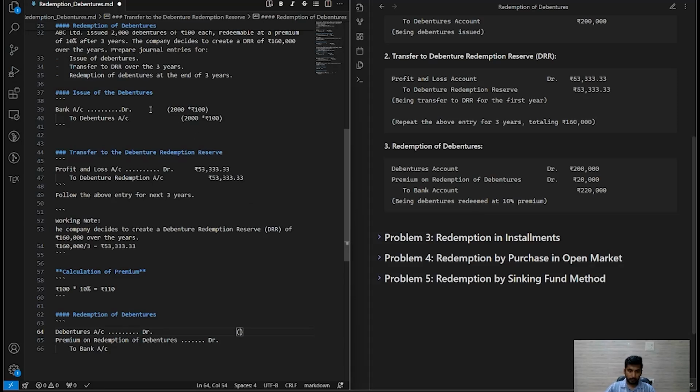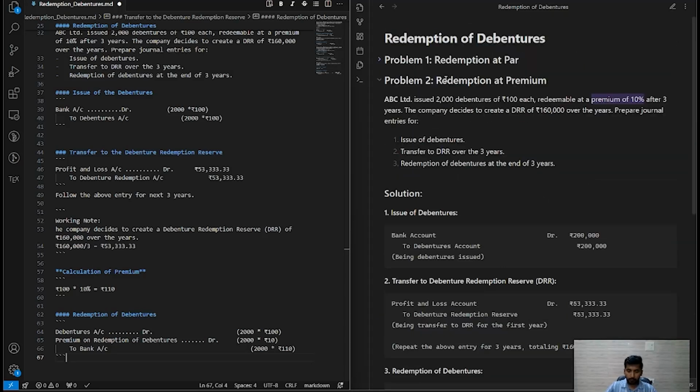Debentures will be 2,000 into 100, premium will be 2,000 into 10, and to bank account it will be 2,000 into 110, that is 2 lakh 20 thousand.